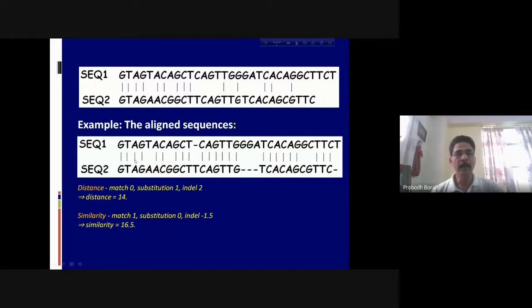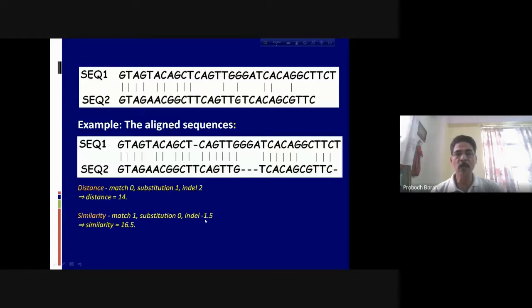Now, how many similarities are there? 4, 5, 6, 7, 8, 9, 15, then 21, 24. Total 24 perpendicular lines are there, means 24 positions. There is complete match. Therefore, matching score will be 24 into 1, 24. Then here now replacement will not be counted.